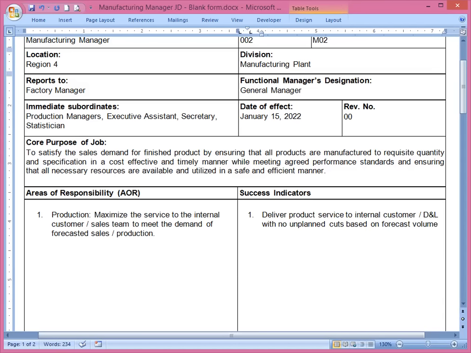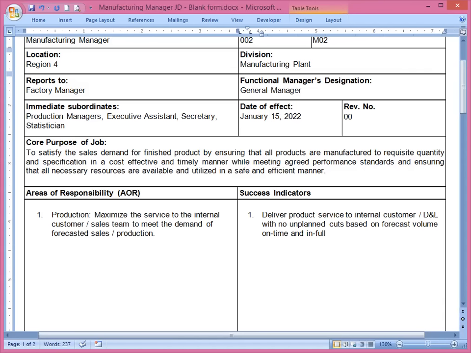Remember what I said about OTIF, on time and in full. If the internal customer requires all the finished products next week, and 100% of the volume, let's say, is 100 tons, you should be able to deliver what is required of you, manufacturing manager.